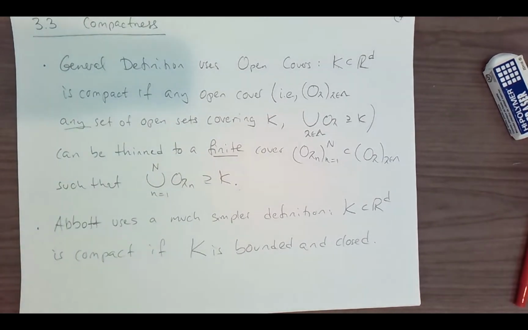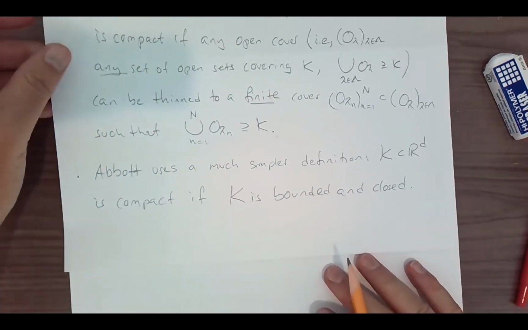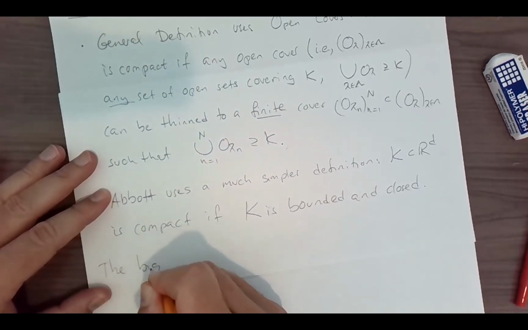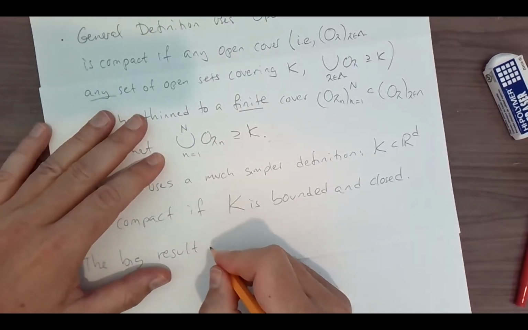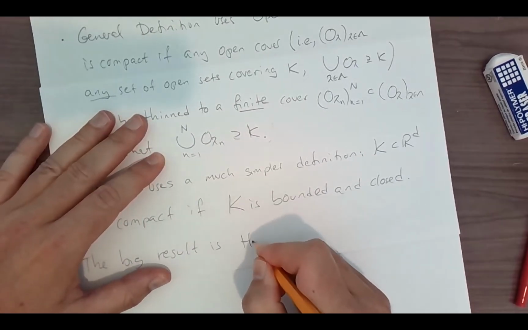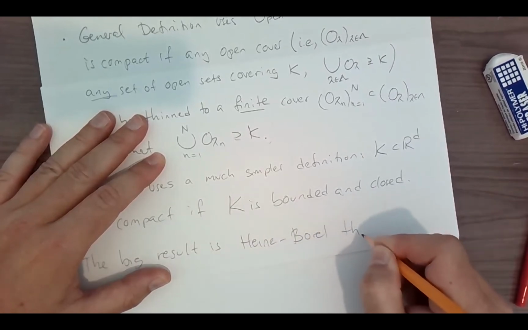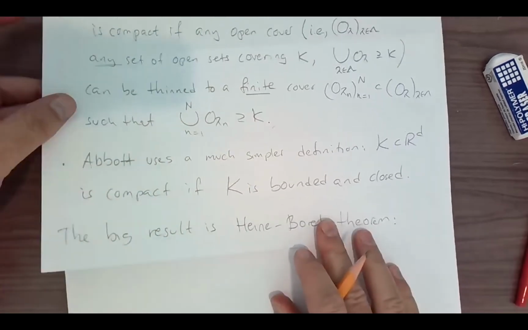So let me write down the big result here. And this is what we're going to be proving. This is going to be what we'll be proving next time. So the big result is this Heine-Borel theorem.